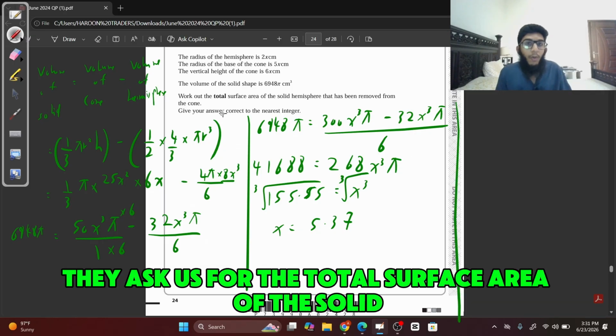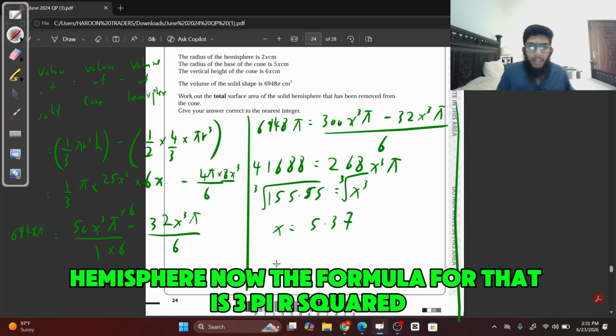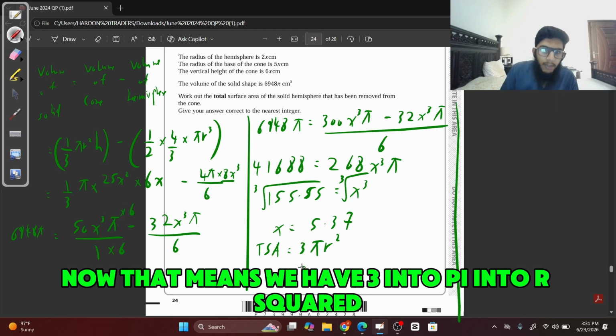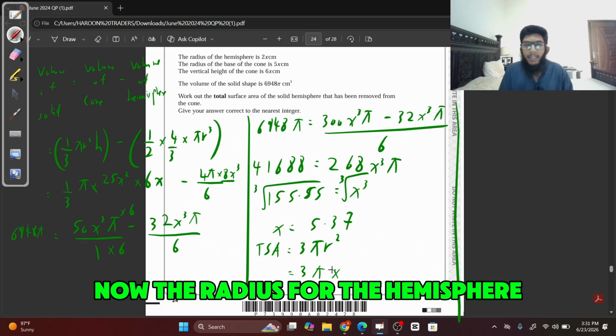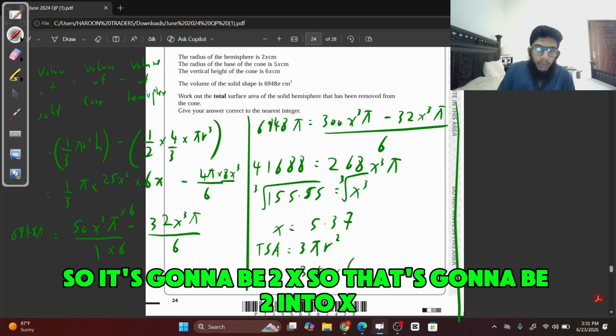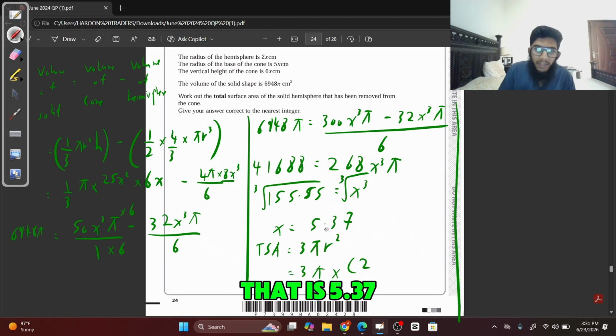They ask us for the total surface area of the solid hemisphere. Now the formula for that is 2 pi r squared plus pi r squared, so that means we have 3 into pi into r squared. Now the radius for the hemisphere is going to be 2x. So that's going to be 2 into x, that is 5.37, squared.